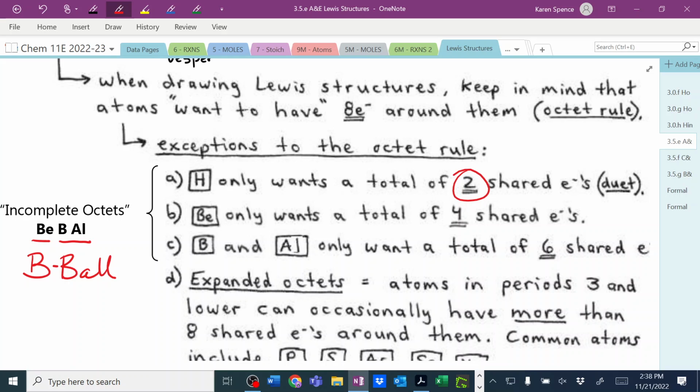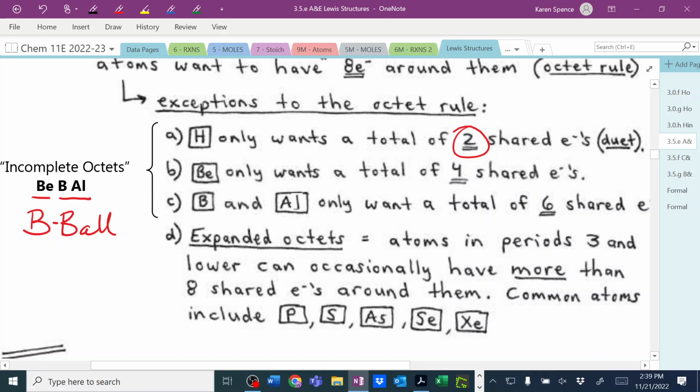Honestly, I don't know. How many people are on the court? It's less than 8. And so b-ball needs less than 8 electrons. Yes? Less than 8. So I know, but I was desperate for some way to make this memorable.